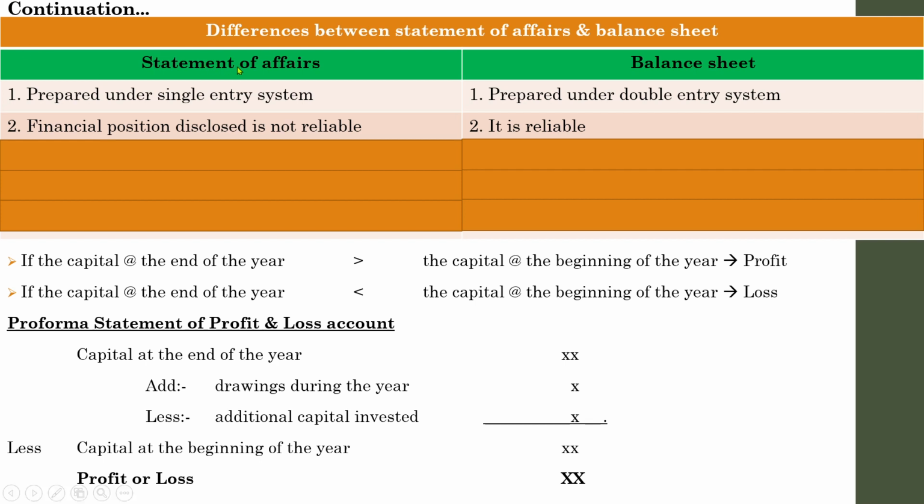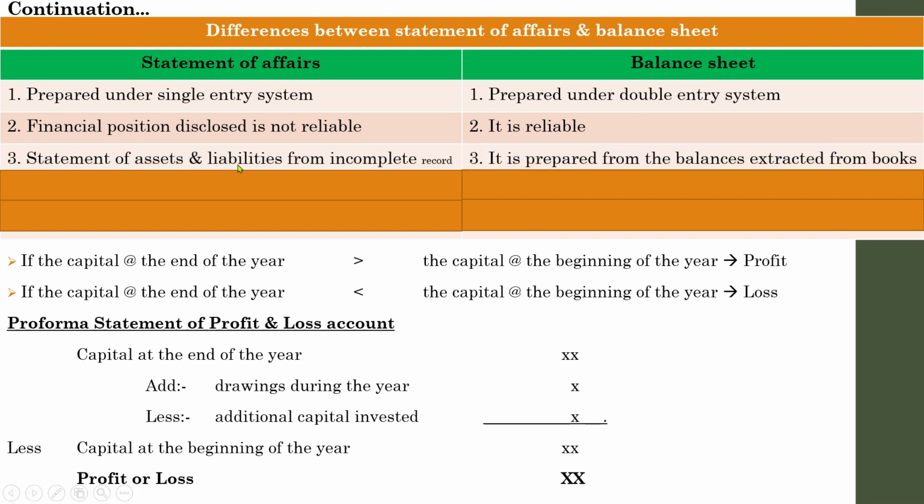So statement of affairs is almost similar to a balance sheet, but it cannot be considered a statement that represents financial position, because it is prepared to identify the opening capital or closing capital. So financial position cannot be reliably disclosed, whereas balance sheet is prepared to know the financial position of a business, that is its main purpose. So it is a reliable statement.